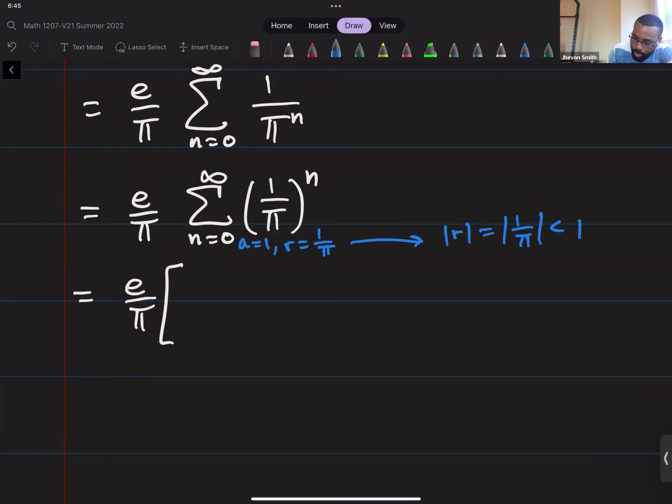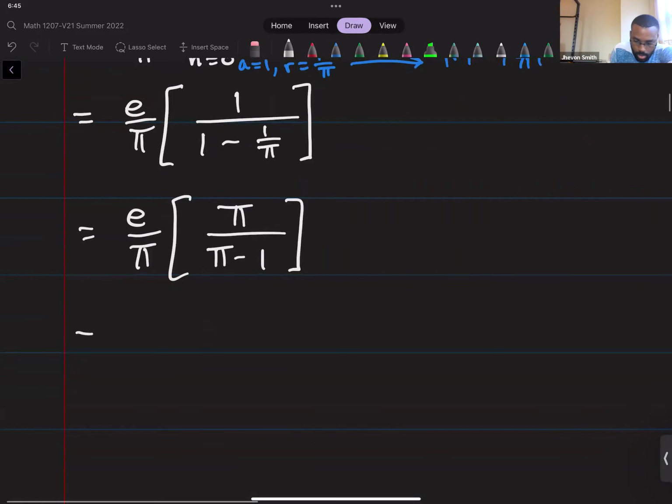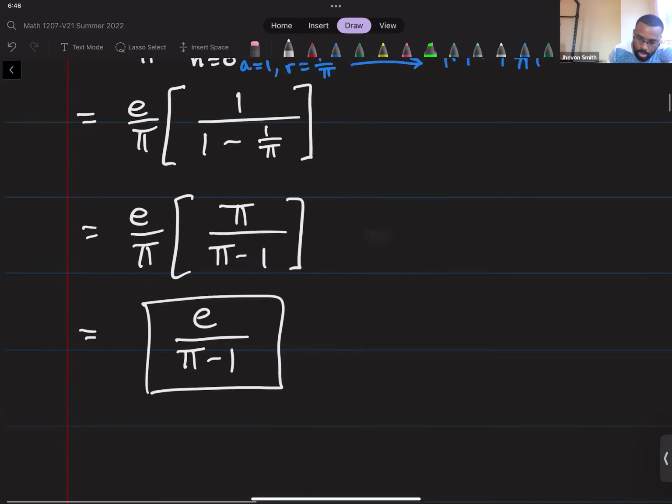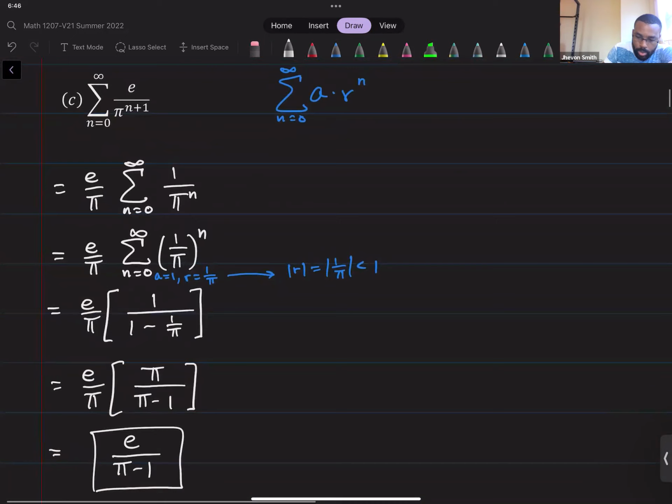And so this will converge, and it will converge to A over 1 minus R. That's where we are.